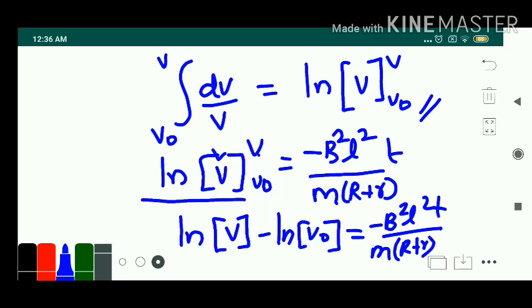Now this formula you have to know: log a minus log b is log a by b, or log a by b is equal to log a minus log b.